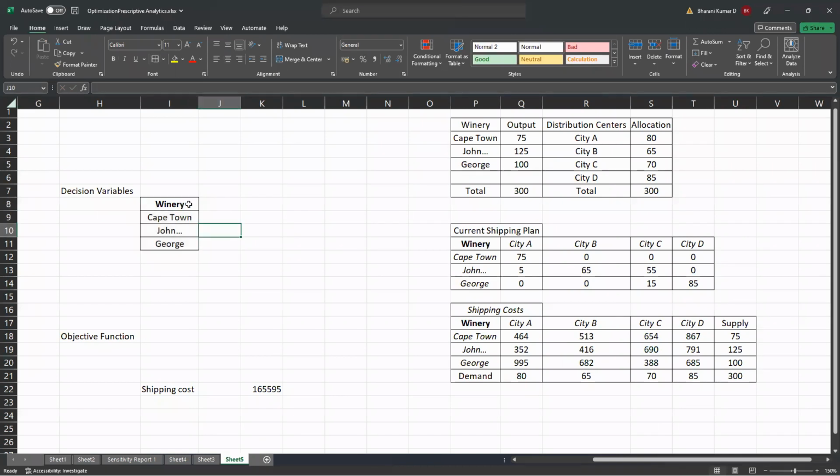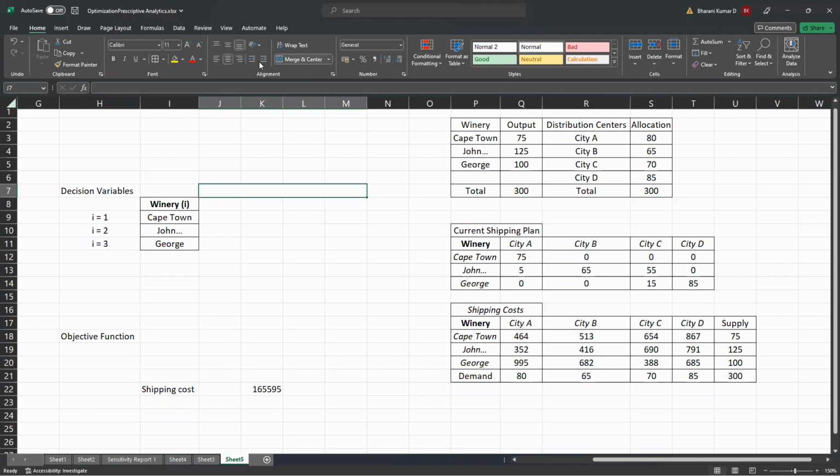I will call this binary i, for our understanding. When I say i equal to 1, it is the first line. When I say i equal to 2, i equal to 3, you have 3 binaries. Then you also have distribution centers. We have 4 distribution centers.